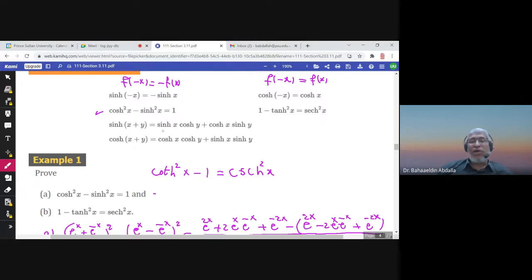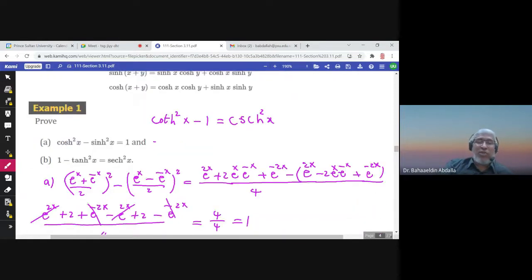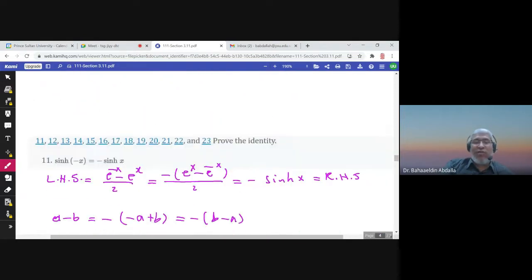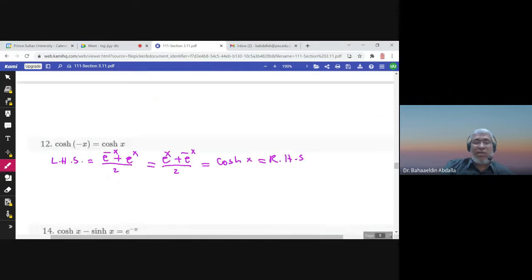To prove this, you can take the right-hand side and divide by a combination of sinh x, sinh y or something like this, to get to the definition of sinh x plus y, because sinh x plus y is e to the power x plus y minus e to the power negative x negative y. So you can do it if you like. You can find it easily. It's a nice exercise for you.